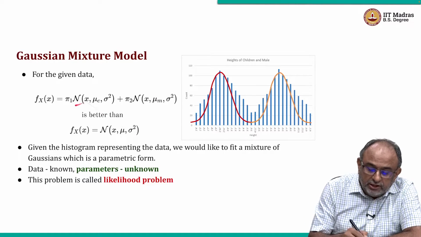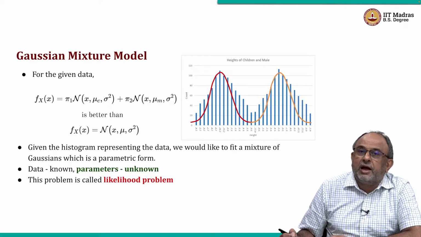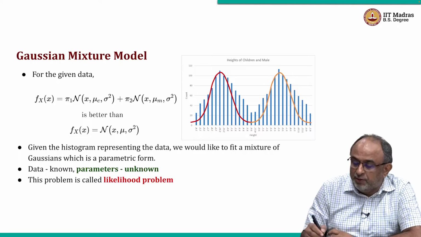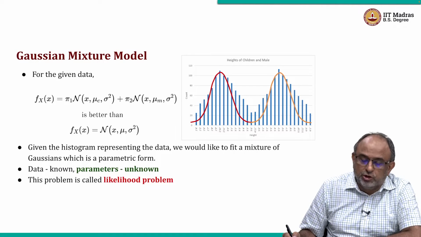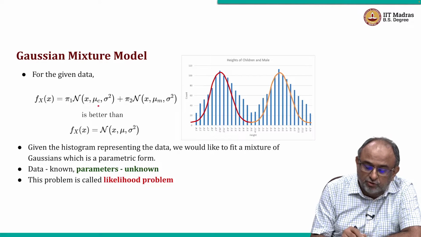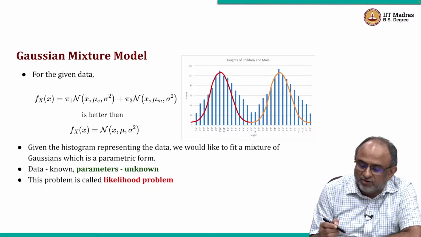Now remember, I am only given the height measurements, and from that I am fitting a two Gaussian model. I have decided that because there seem to be two classes visually, I should have two Gaussians. So what are the parameters of the Gaussians? Because there are two Gaussians, each Gaussian will have its mean and its variance, and we assume the variance is the same.